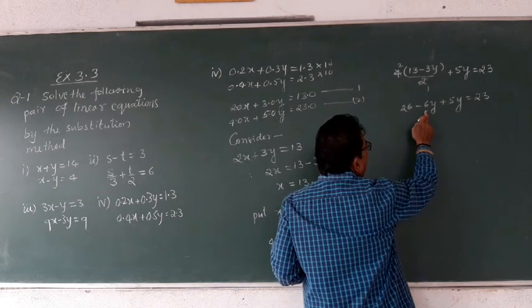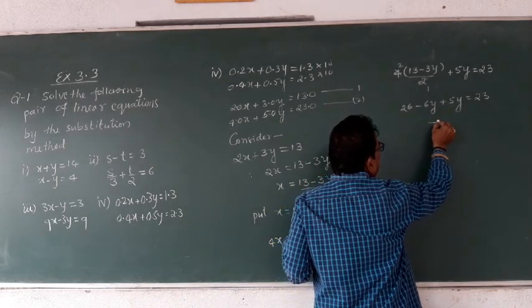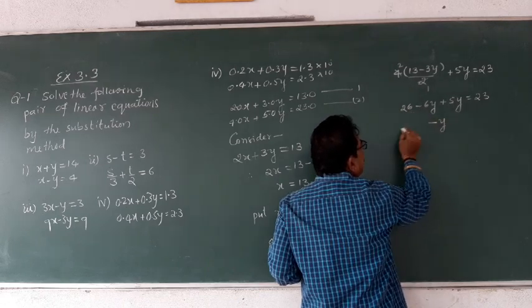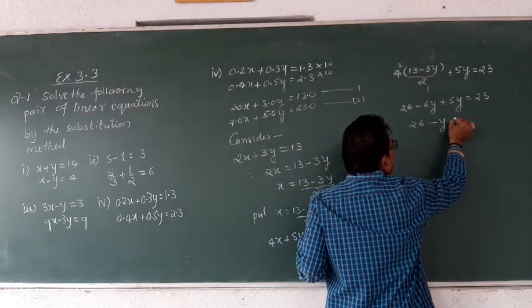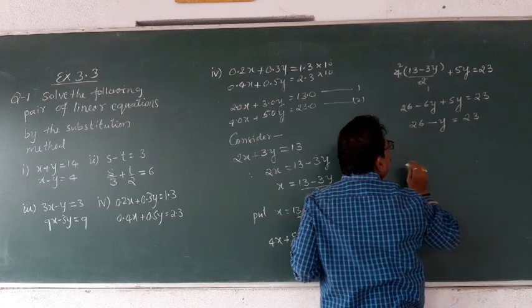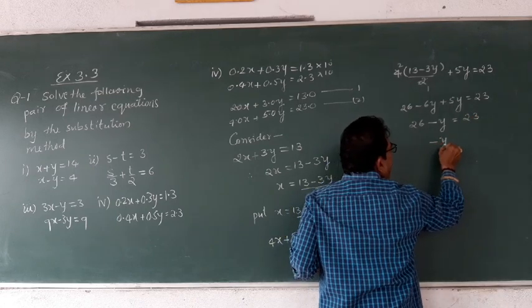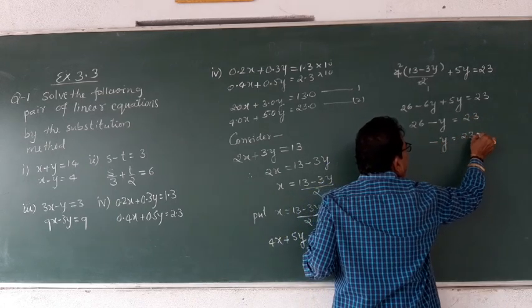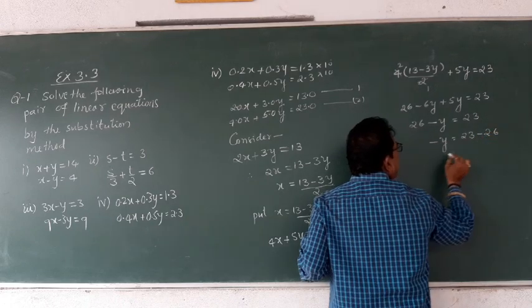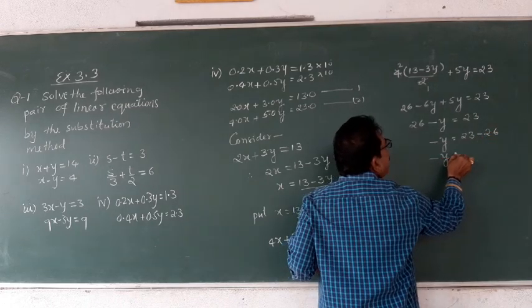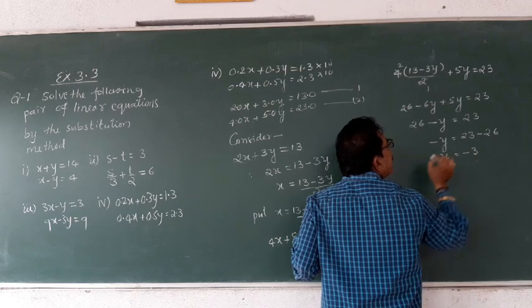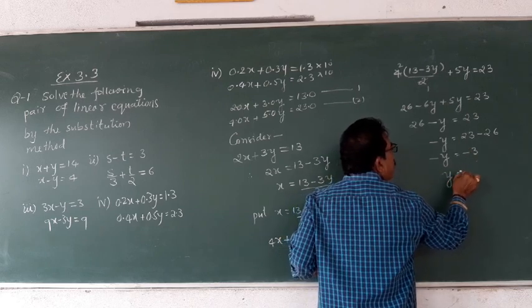Now minus 6y plus 5y is minus y, and 26 equals 23. Minus y equals 23 minus 26, minus y equals minus 3. Therefore y equals 3.